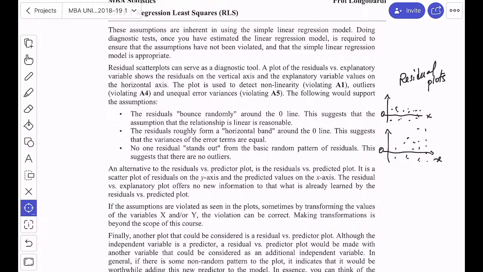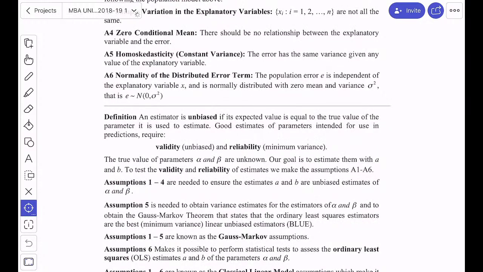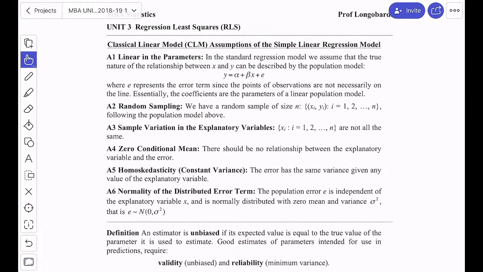So you probably don't know, most of you don't know exactly what I'm talking about, but some of you do, so I'm just mentioning it here. You guys can read through this. But what I want you to take away from here is that there is a model with assumptions inherent in what we're doing. That's the most important thing.